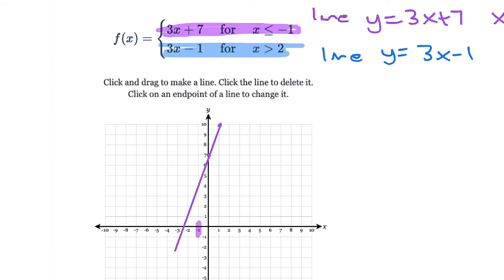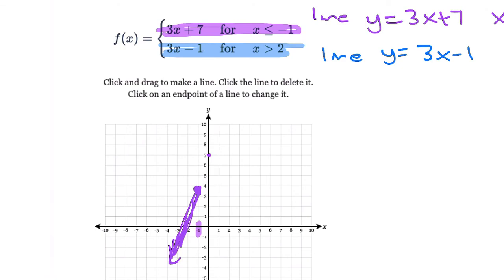In fact, we don't want any part of this line going this way. We really want that line to start right here and go this way. That's the only part that we want. That's x values that are less than or equal to negative 1.